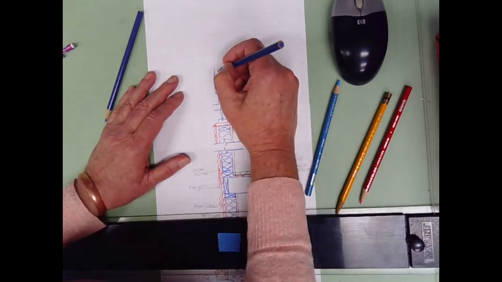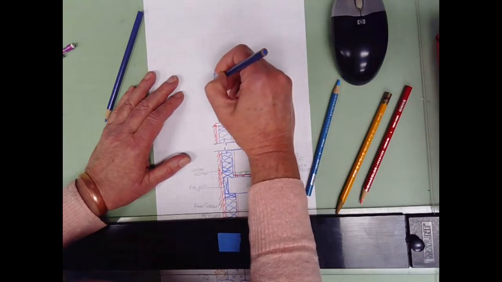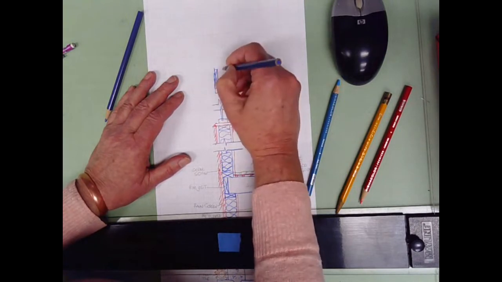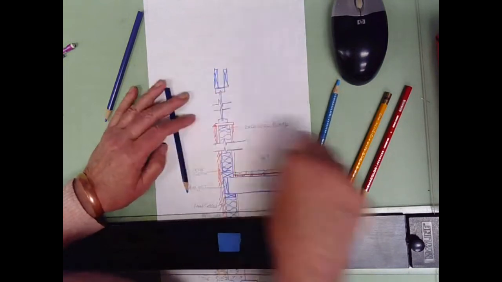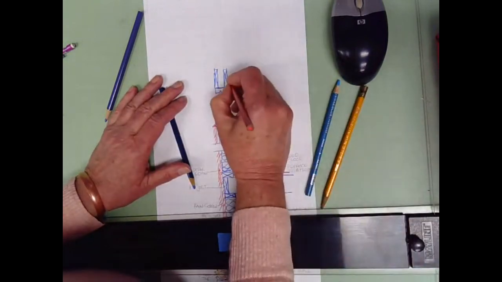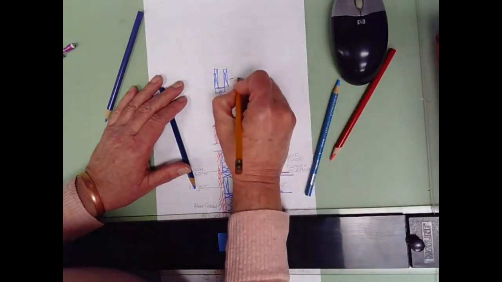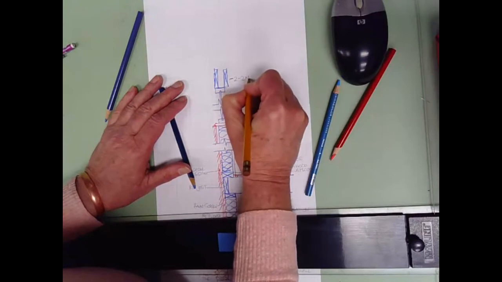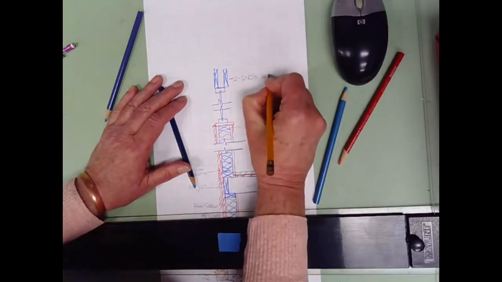If it's a load-bearing wall, I would have a header above the windows. And let's call this 2 2x12s. It depends on how big, or we'll do it 2 2x10s. That's probably big enough. Header, window header.